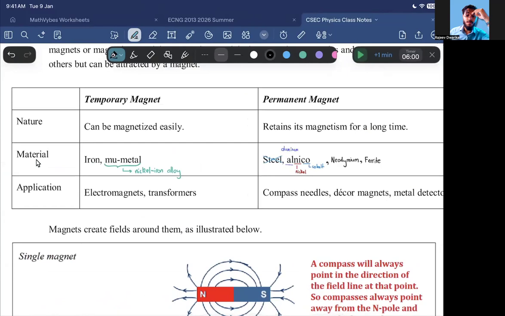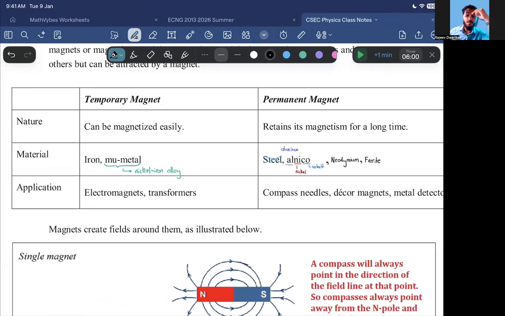So when would you use temporary magnets? Have you ever been to a junkyard? They have to pick up car parts. Do you think car parts are light? Nah, heavy.